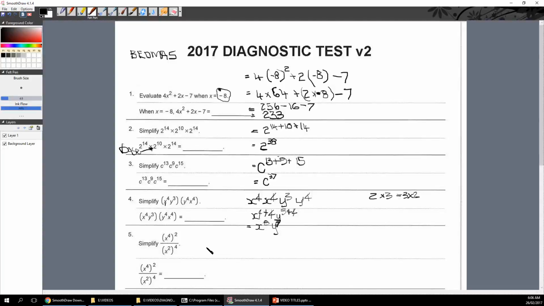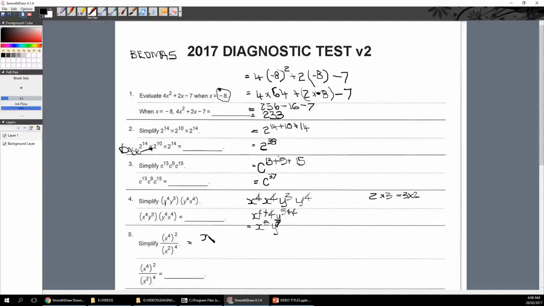Okay, so now number 5. Now where we've got them like that, where the brackets and the exponents, we multiply the indices. Note the bases are the same, we can multiply the indices. So this one here, I might try and work this across the page.